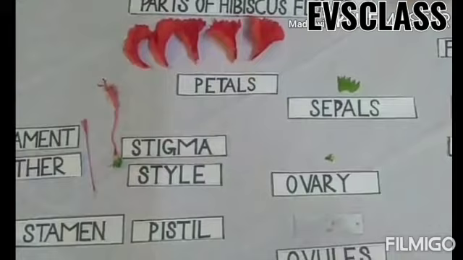Observe this, students, you get a lot of ideas. Step by step I removed first the sepals, then the petals next. Then the style of the flower is split open, then the ovary is removed, and the ovary is opened to reveal the tiny ovules.